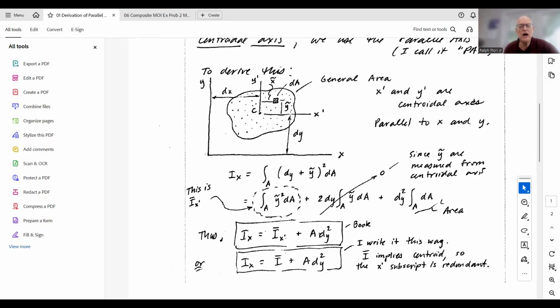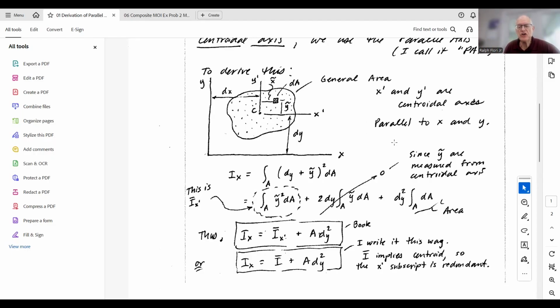So we have dy plus y tilde, that quantity squared, times dA. If we expand that term out, we get dy squared times the integral of dA, plus 2 times dy times the integral of y tilde dA, plus the integral of y tilde squared dA, and that's equal to Ix.